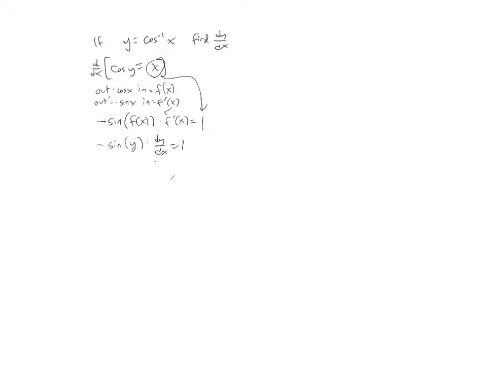and then if I solve for dy dx, I get 1 divided by negative sine of y, and 1 over sine is cosecant, so this is going to be negative cosecant of y. Y was originally inverse cosine. So now I'm ready to draw the right triangle to make it algebraic.